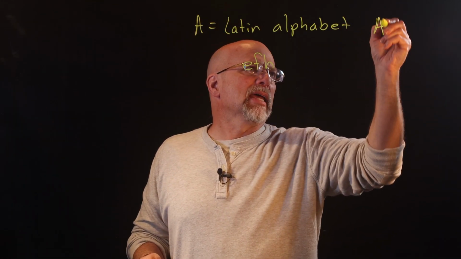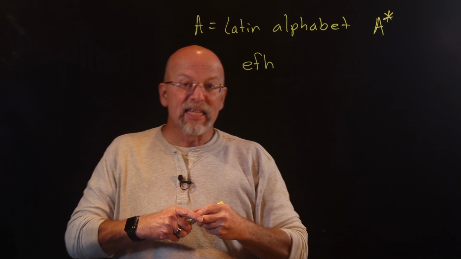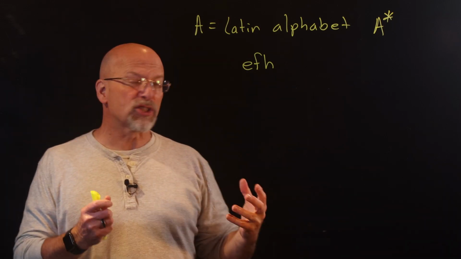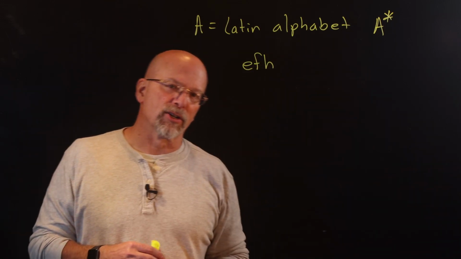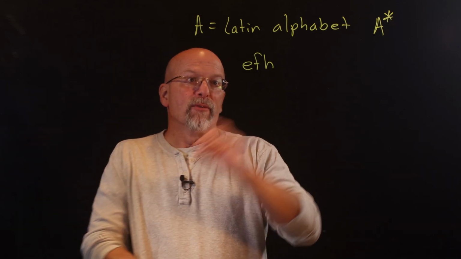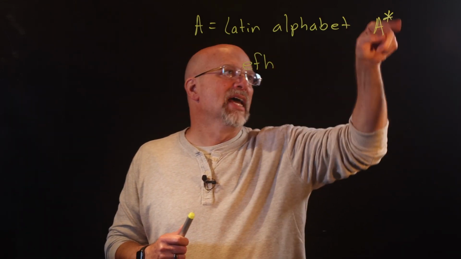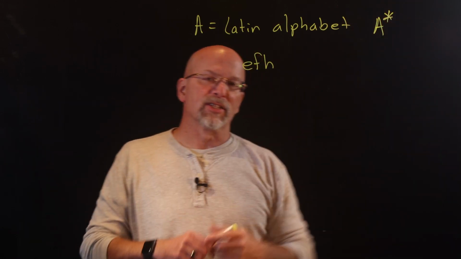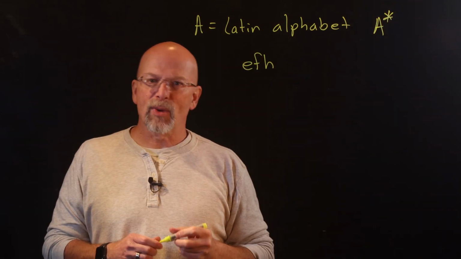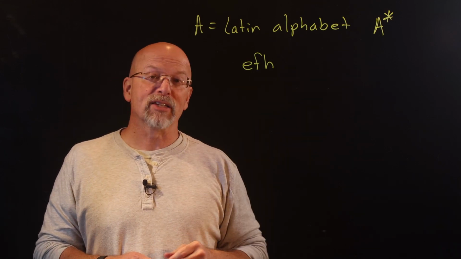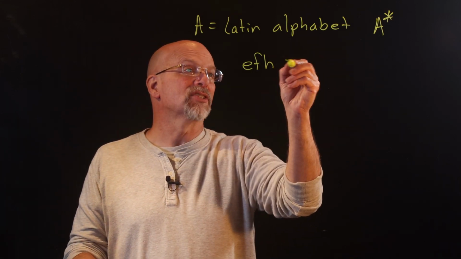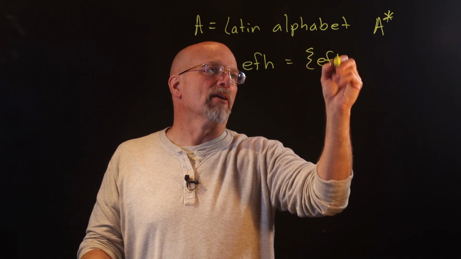And remember, A star is the list of every possible finite string you can generate from the characters inside of this Latin alphabet. And whenever you look at a regular expression, it's going to create a subset called the regular set that is a subset of this A star. And so what is the regular set that is generated by EFH? Guess what? It is just the set EFH.